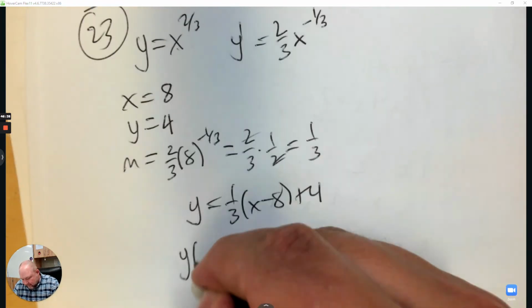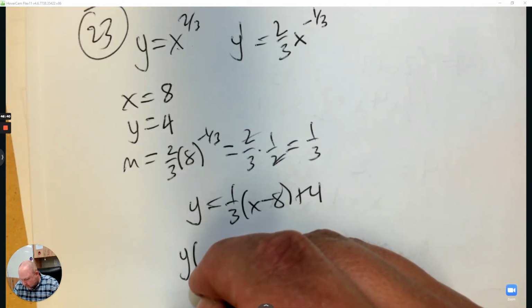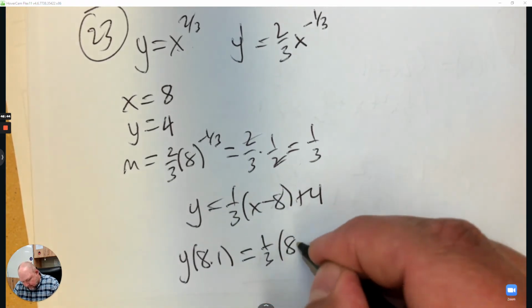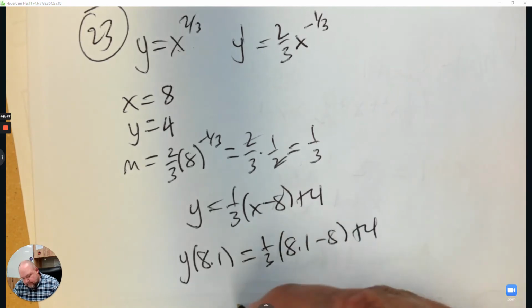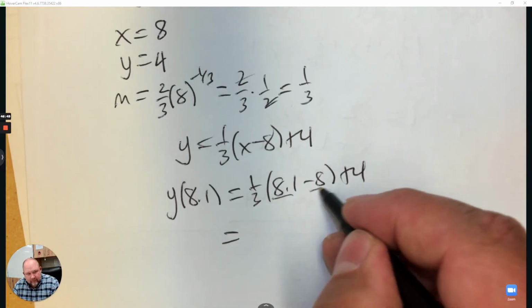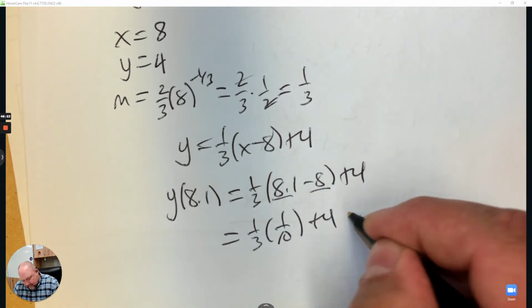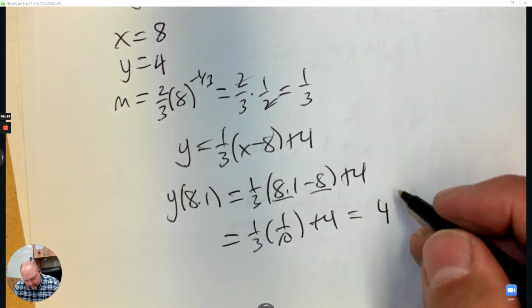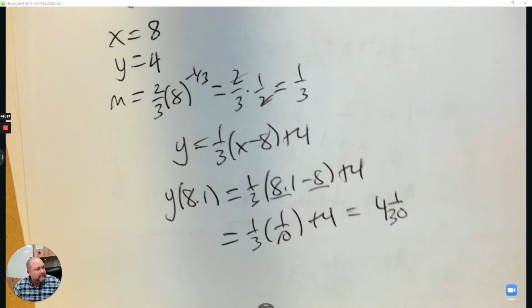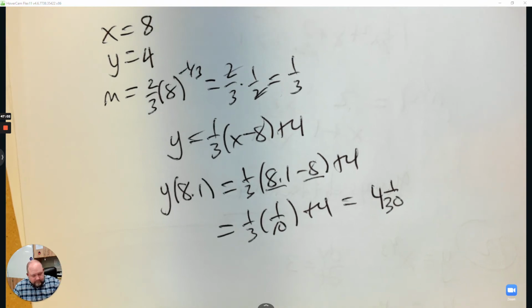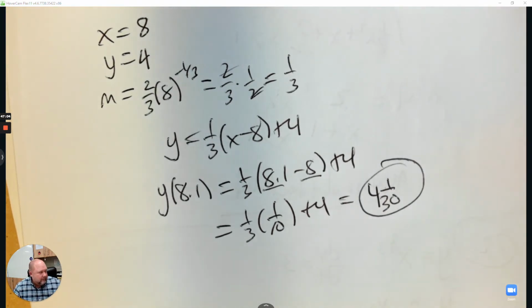And then use that to approximate 8.1. So that's 0.1. Another way to say that is 1 over 10. So this answer is 4 and 1 over 30, as an approximation.